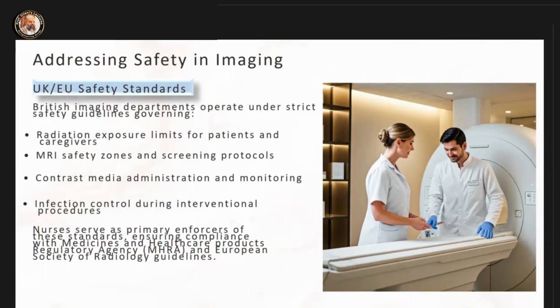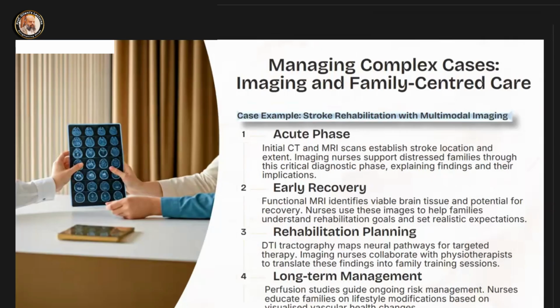Then there is continuous monitoring during and after, with immediate response to adverse events or reactions, especially with contrast administration, knowing the risk, and they can also discuss the risk factors before the procedure so that the risks can be minimized. Then there is managing complex cases, imaging and family-centered care.